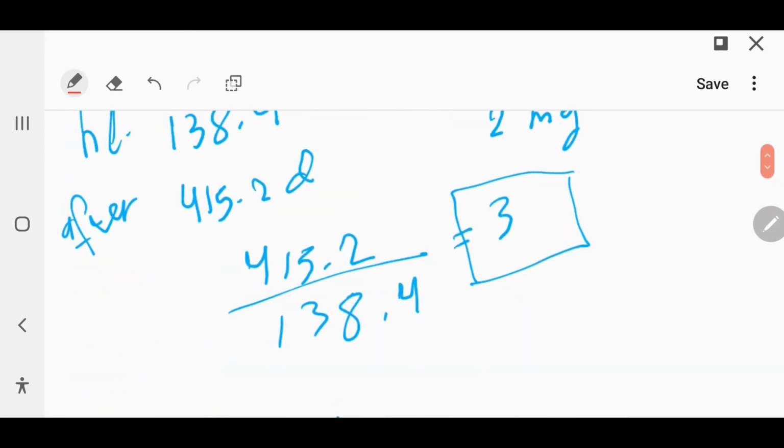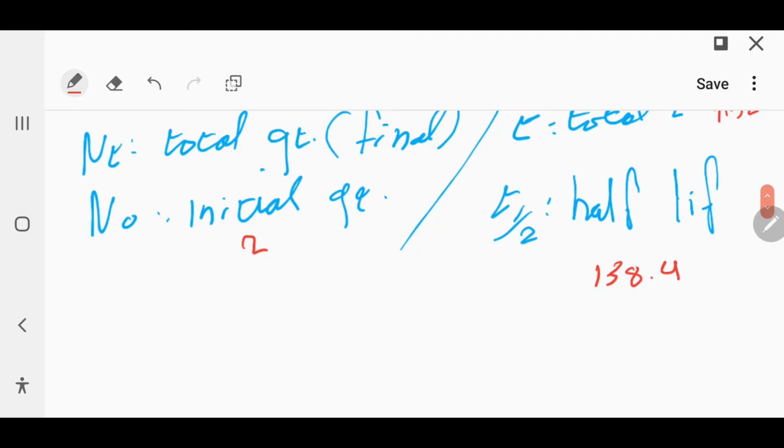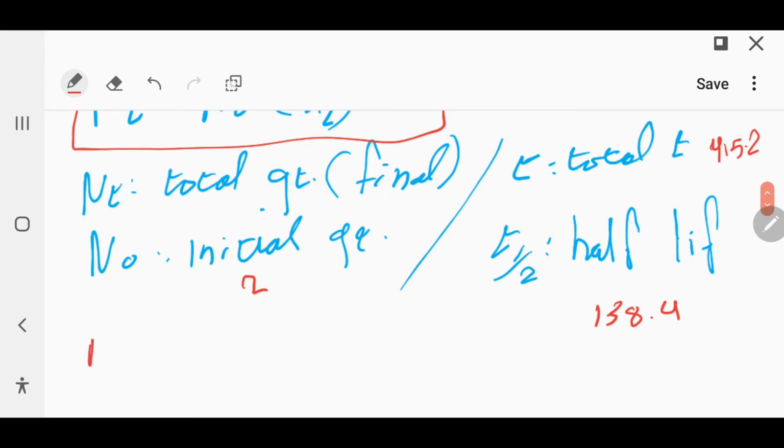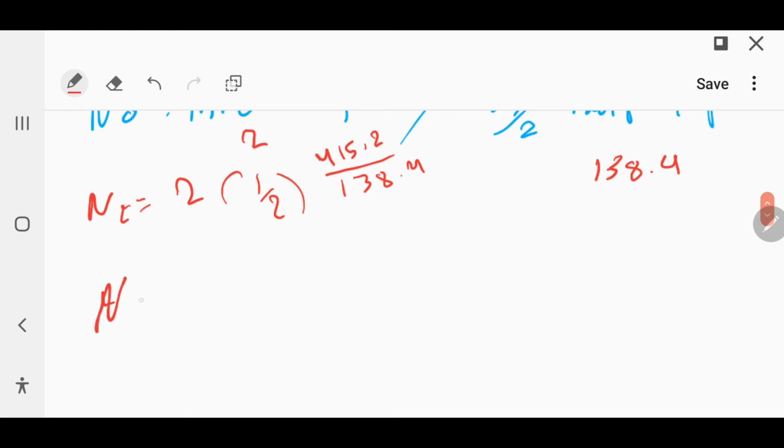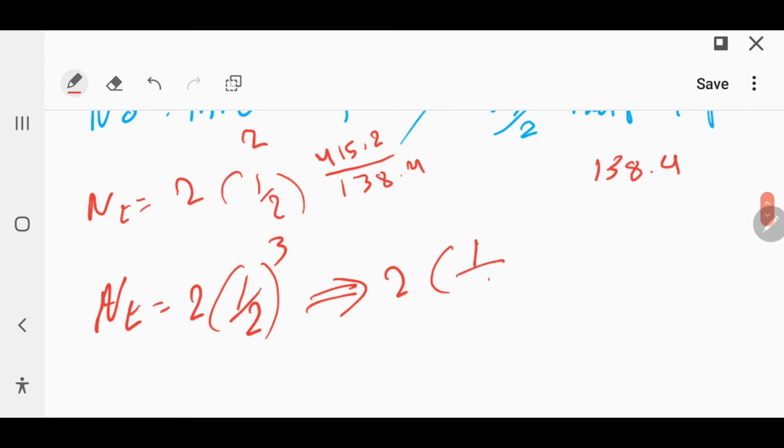So what will be N_t? Simply, N_t equals N_0, which is 2, times one half to the power of the total time 415.2 over the half-life 138.4, which will give us N_t equals 2 times one half to the power 3, which means 2 times 1 over 8, which equals 2 over 8, which is 1/4, which is 0.25. Same answer.